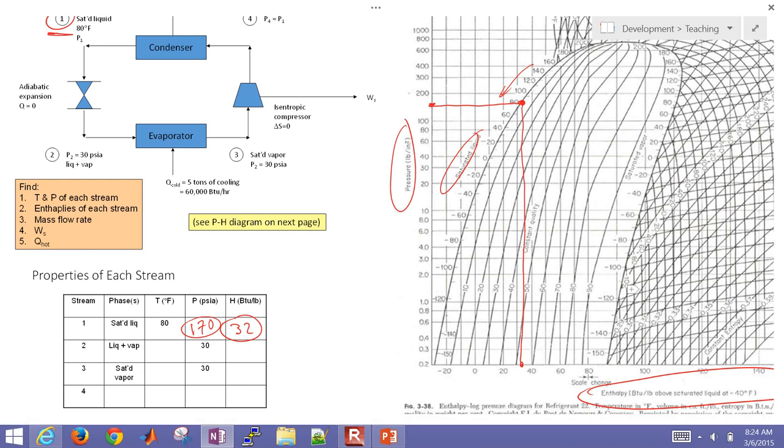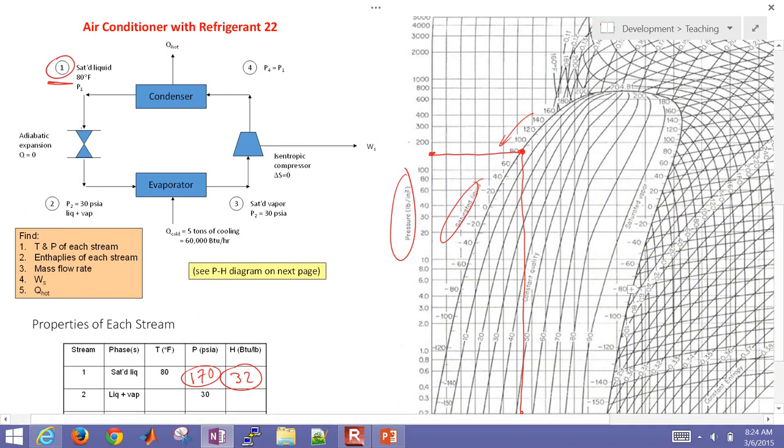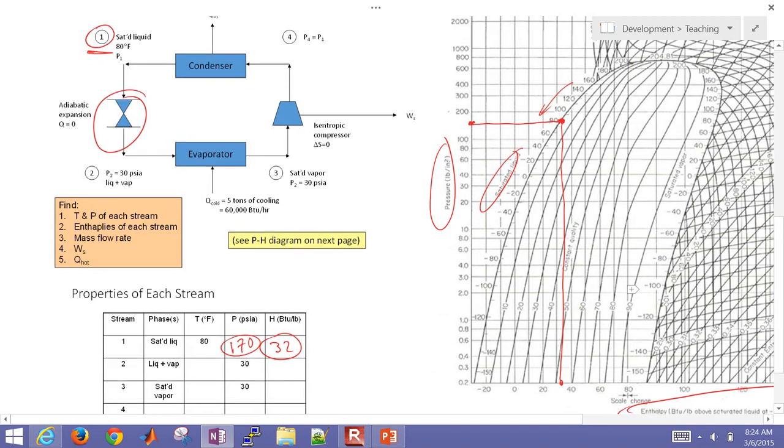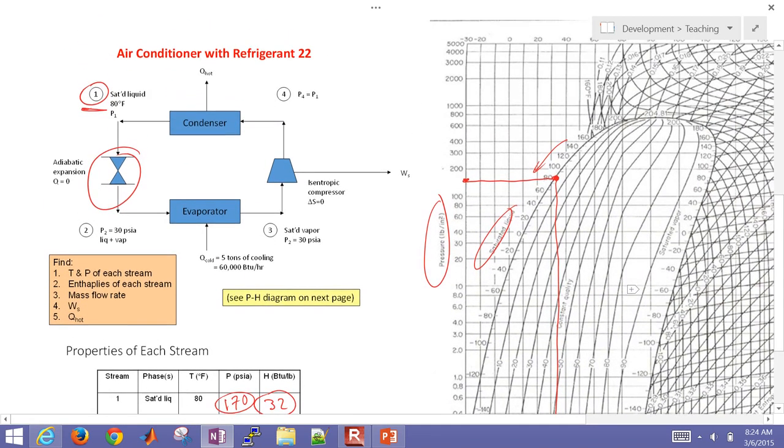Now what we're going to do is send it through this adiabatic expansion, and first of all let's just go ahead and write our energy balance. This is an energy balance for open systems: delta H plus delta kinetic energy plus delta potential energy is going to equal Q minus shaft work.